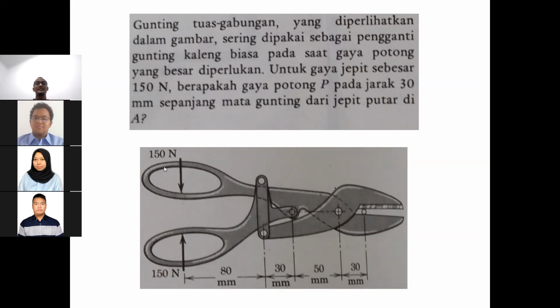So it's kind of scissors, but the bottom part and the top part of the scissors is unsymmetrical. And normally the scissors are used to cut cans. Okay, and it is known that the force given at the handle is 50 Newton.